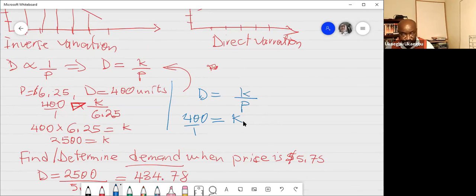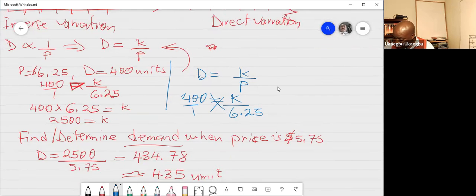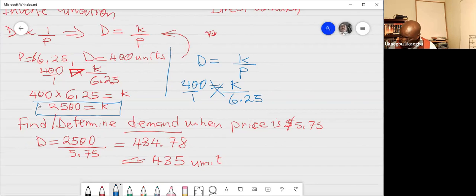We don't know K, we want to determine K. The original price when 400 units were sold is 6.25. So all you can do is cross multiply in order to get K. That's the only option mathematically possible. Once you have your K, which is this, going forward in this particular problem, anywhere you see K, you plug in 2,500.